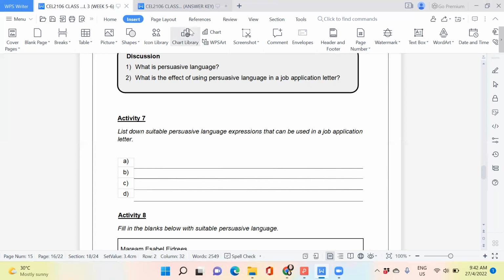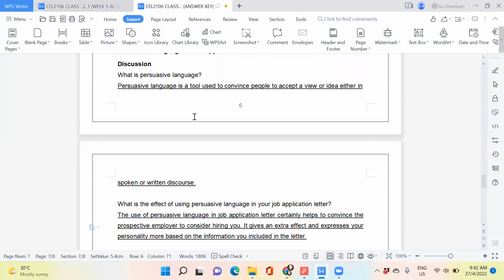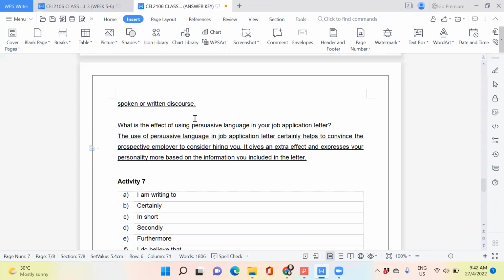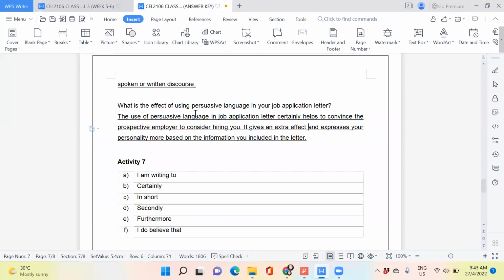Okay, so again, let's see what kind of persuasive language expression should you use. For example, benda-benda macam ni. For example, I am writing this letter to inform you of my interest to apply for the programmer position in your company.